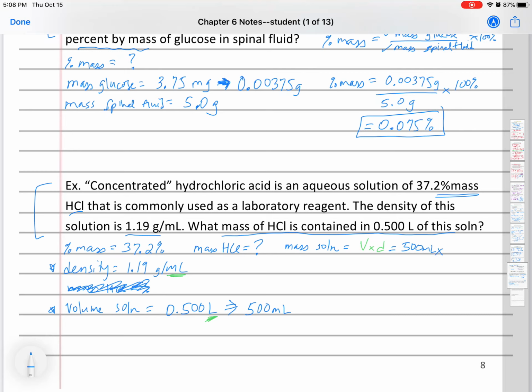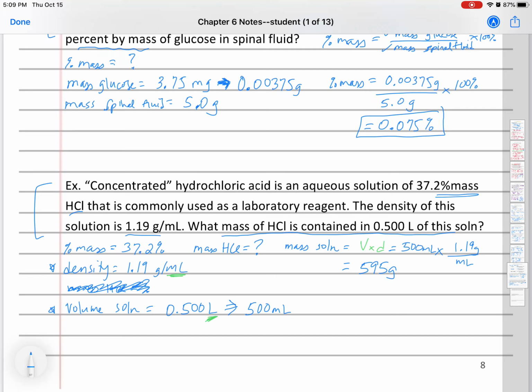So 500 milliliters times 1.19 grams per milliliter is a mass, meaning my mass of solution is 500 times 1.19, 595 grams.